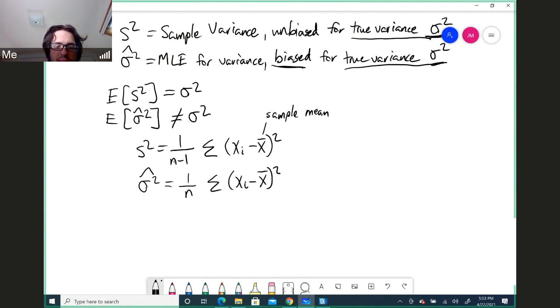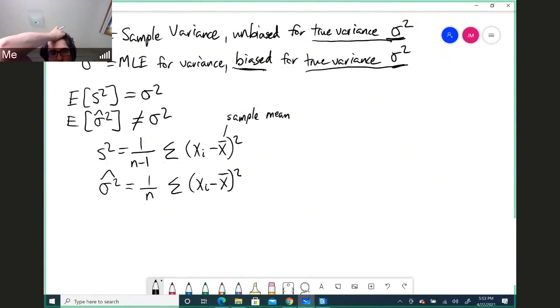So the only difference is that in one case it's 1 over n minus 1, and in the other it's 1 over n, and that turns out to make the difference. Just remember that this one is biased and this one is unbiased.